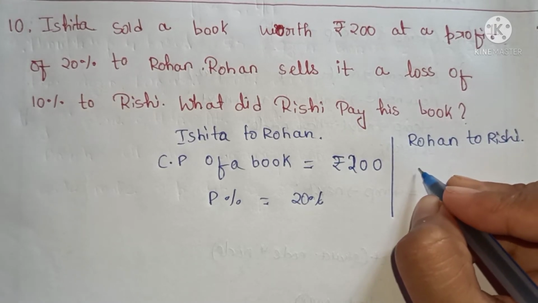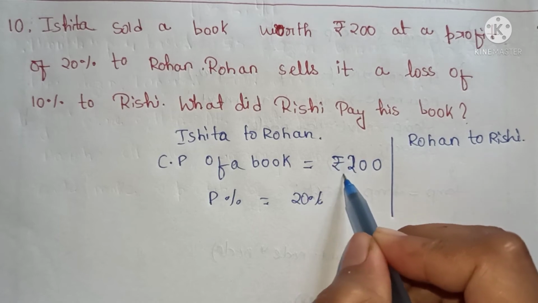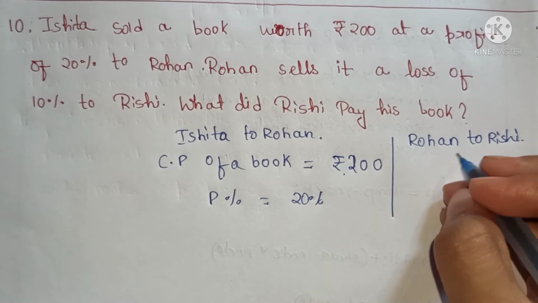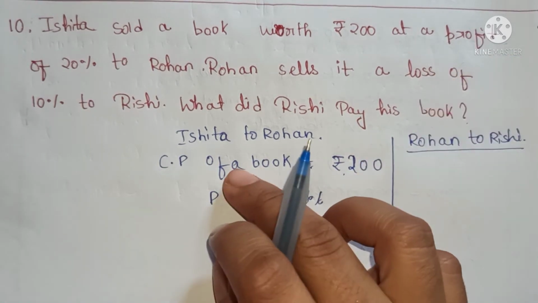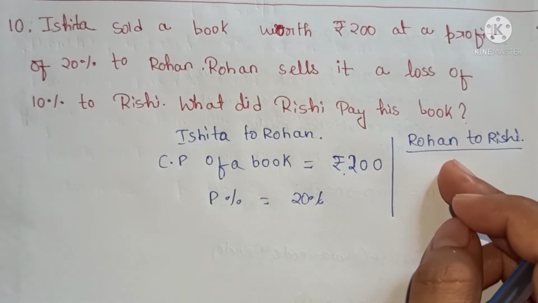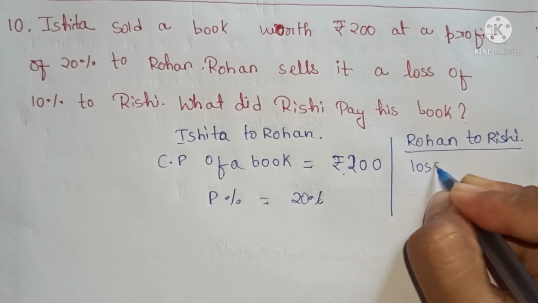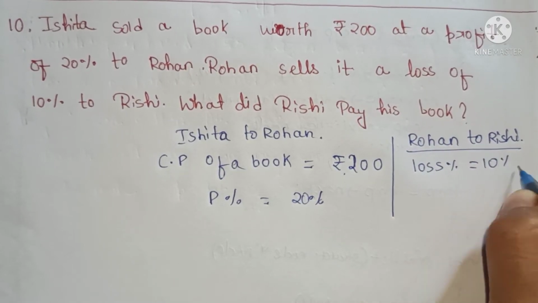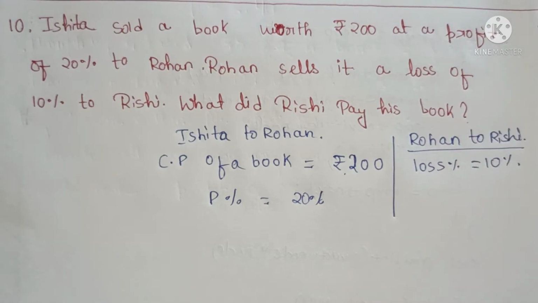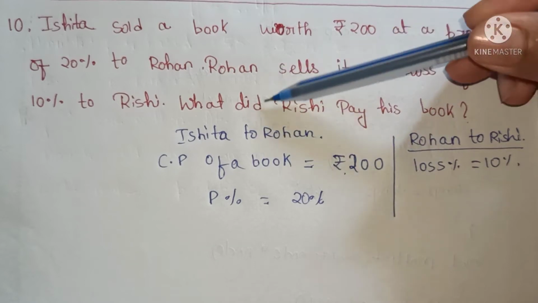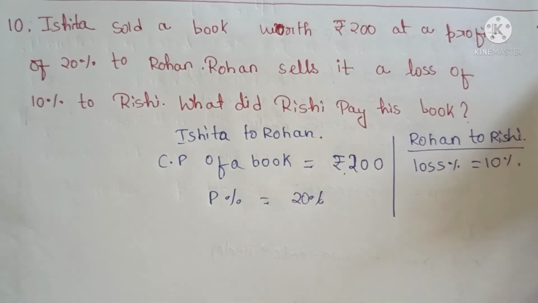Whatever Ishita sells it for, that SP of Ishita will become the CP of Rohan. Now, he sells at a loss percentage of 10%. What did Rishi pay for the book? So what we have to find at last is the cost price for Rishi for the same book.